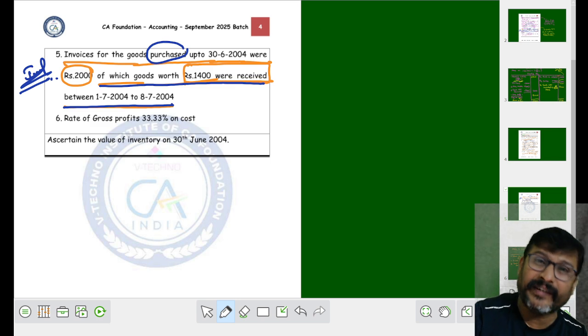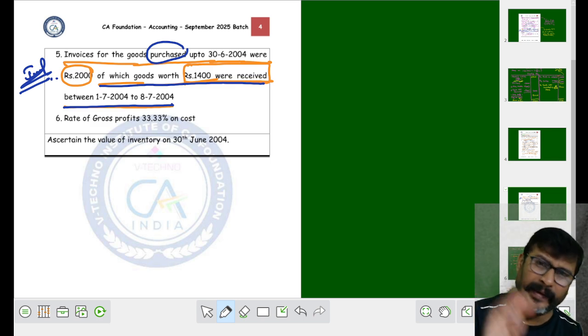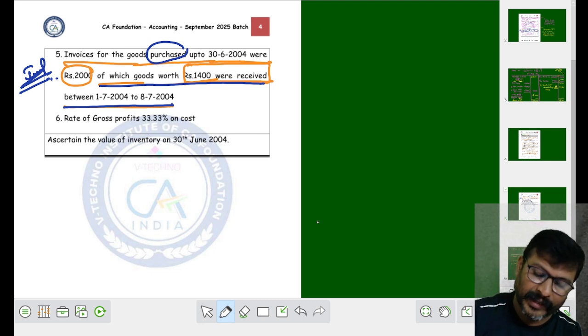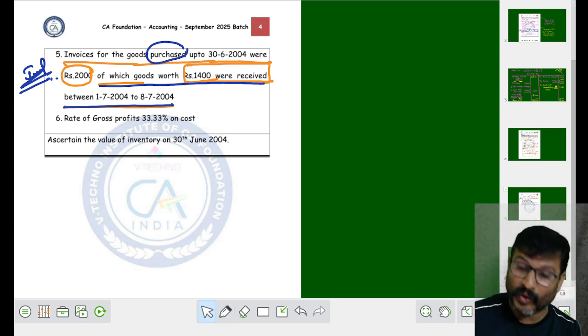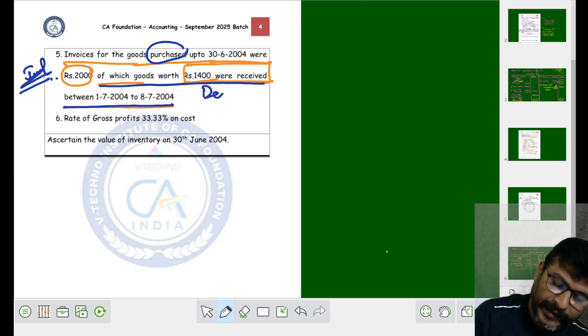You have received, not in the previous year, though the purchase is made. But actual physical goods received between 1st July to 8th July is 1,400. It is nothing but goods received. Goods received is to be debited to the trading account.